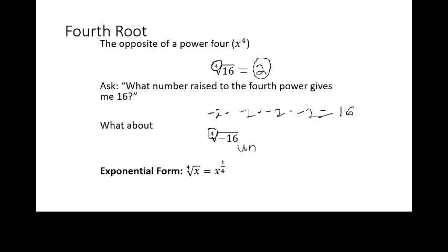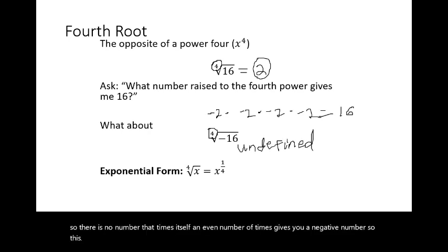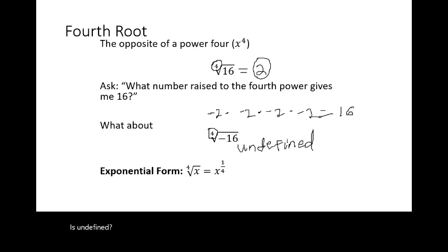So this is undefined. So you basically cannot take the even root of a negative number. However, the odd root of a negative number is negative. And then in exponential form, the fourth root of x can be rewritten as x to the power of 1/4.